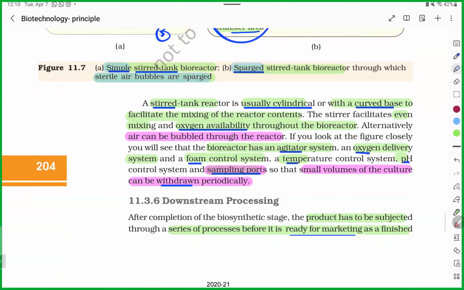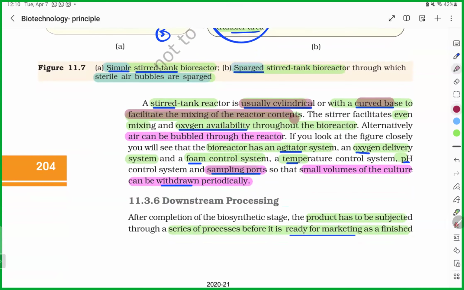Next, in the reactor, what is the shape of the stirred tank reactor? Cylindrical shape, curved base. Benefit: proper mixing of the contents. What happens in the stirred type is there is proper mixing and proper oxygen availability. Correct? We can also add more air bubbles.